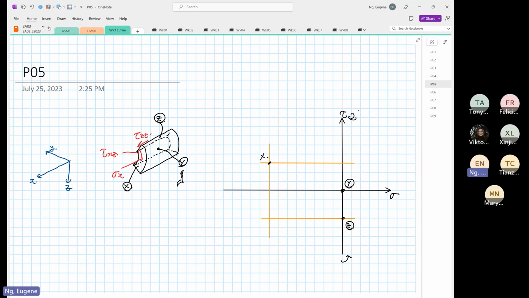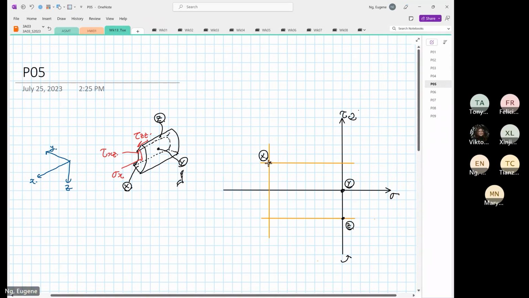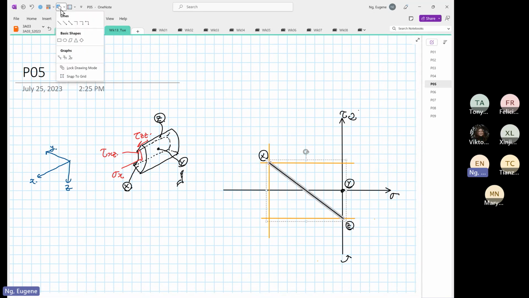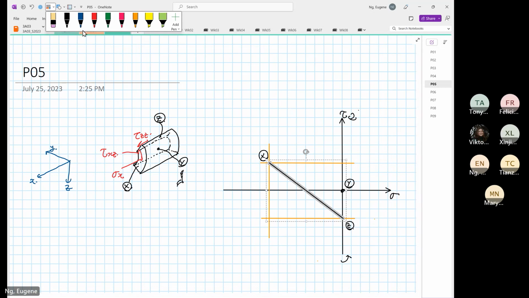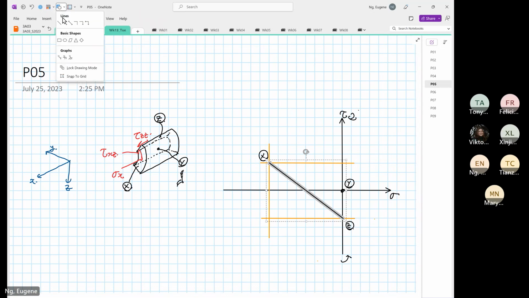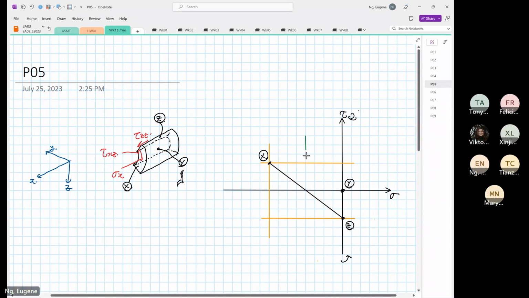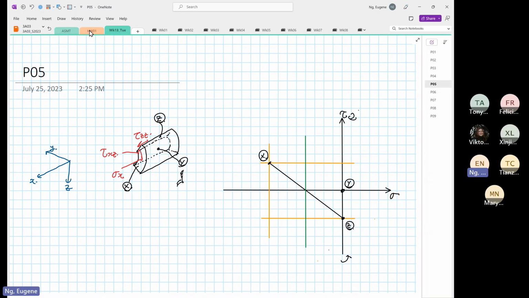Over here, this is our point X. So we can draw a line linking them. And then again, we know where our average stress is, which is over here. All right. So now we can sketch our 3D Mohr circle.